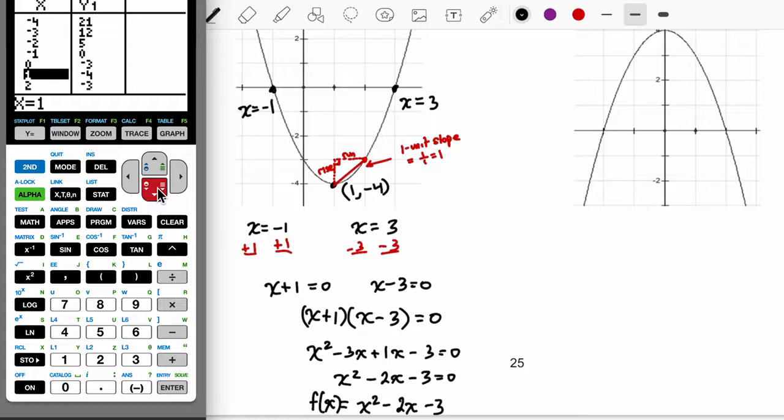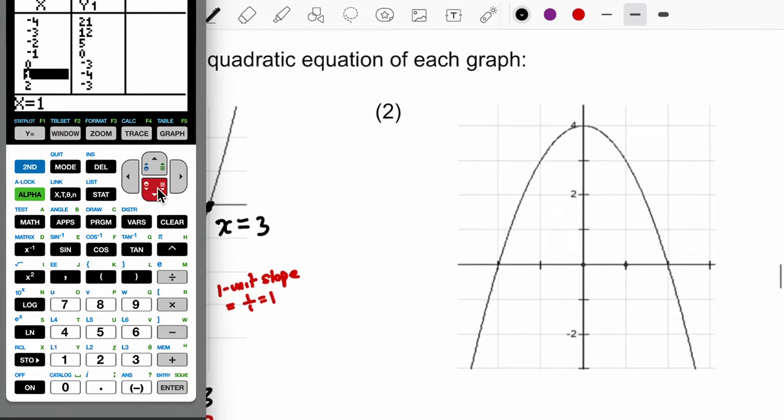So that happens again, well, almost. In the second example, that 1 unit slope is 1, but it's in the negative direction. All right, so down 1, right 1.